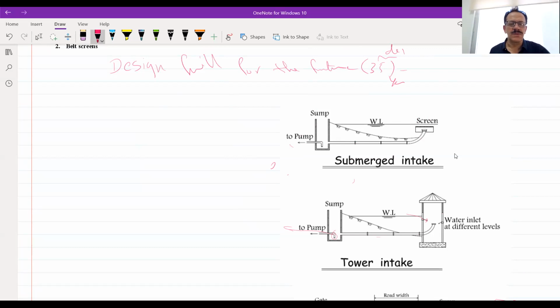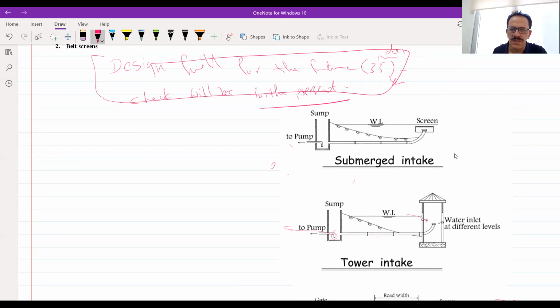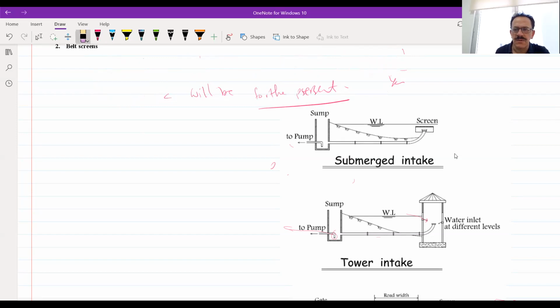But when we are going to analyze an existing structure, we are checking. The checking will be for the present. Now, for now, I have to check the structure. Those are the two most important criteria that we should take care of.